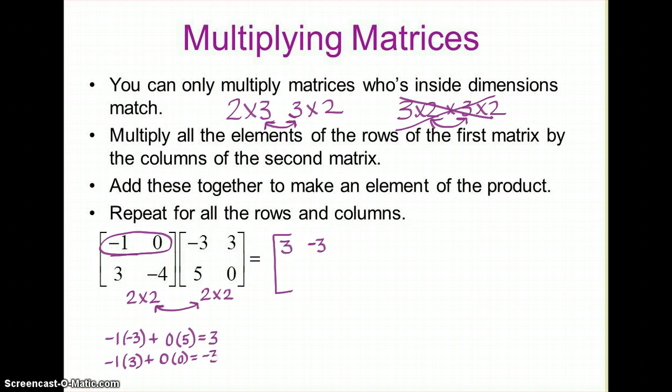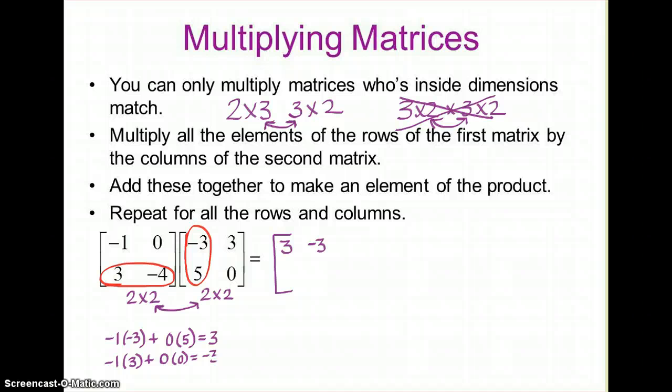Now I'm done with that row, so I'm going to start the process over. Let me change colors, maybe this will be a little easier to follow. I do the second row now, and I start back over with my columns. So the second row, 3, -4, I'm going to multiply with -3, 5.